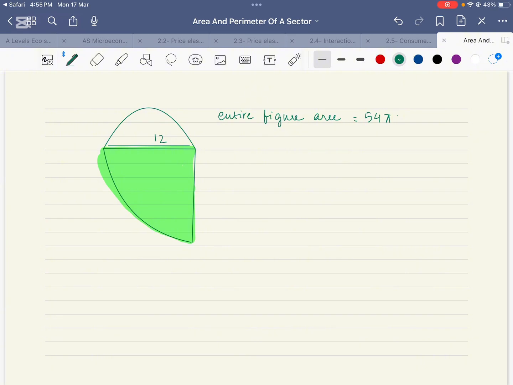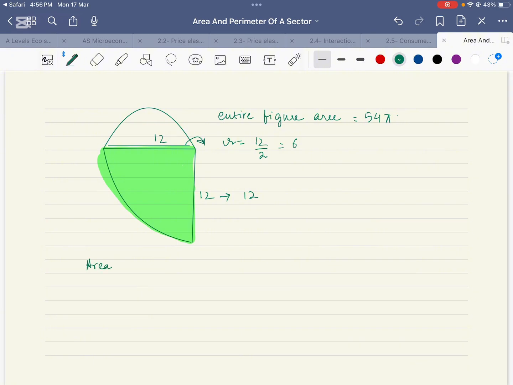This is the diameter, and one of the straight edges of a quadrant of radius 12. This radius is 12. So for this one, radius will be diameter divided by 2, which is 6, and for this one, radius will be 12. So let's find out area.